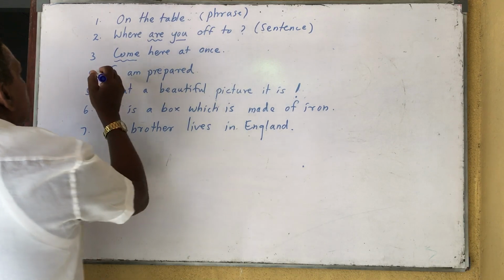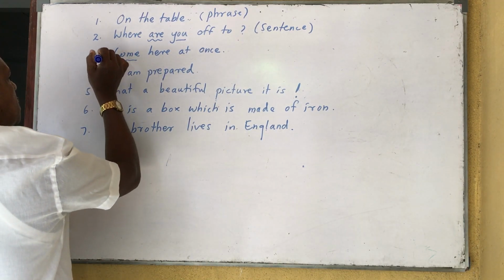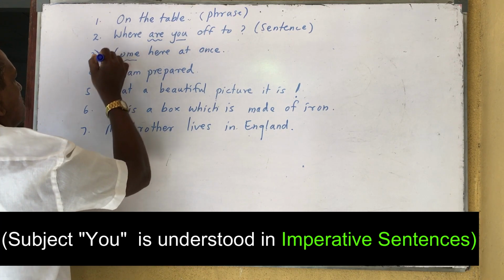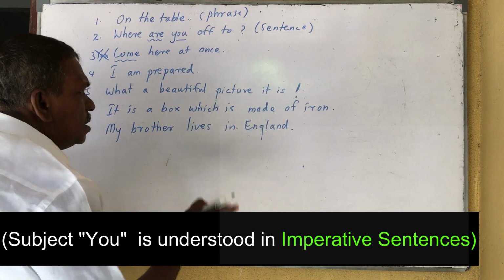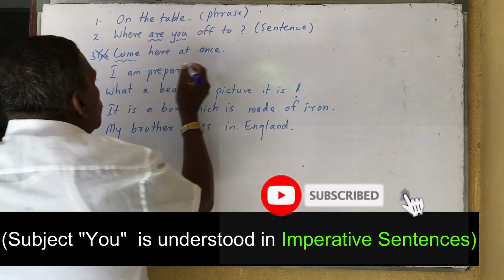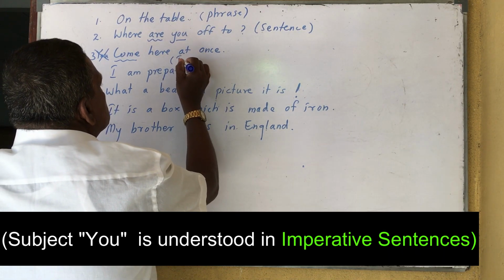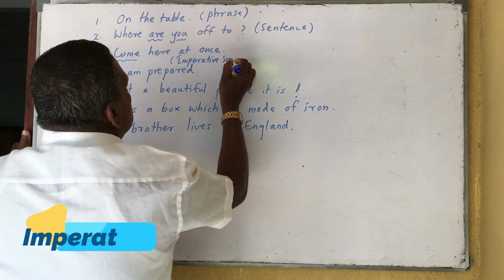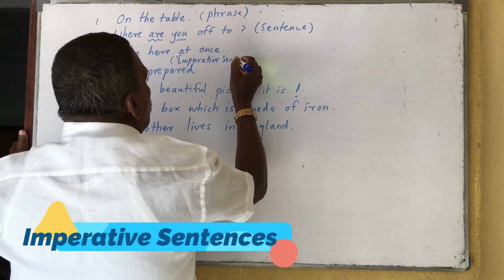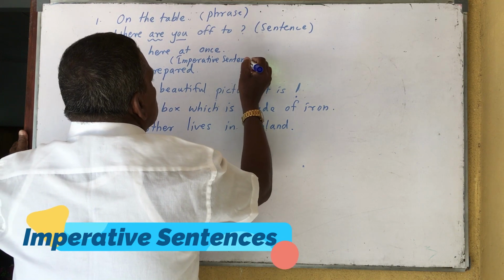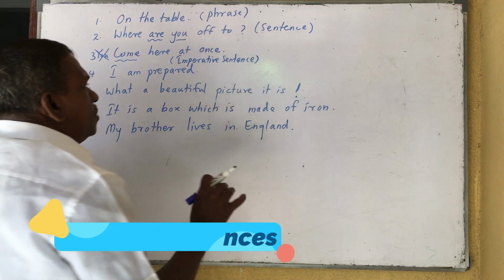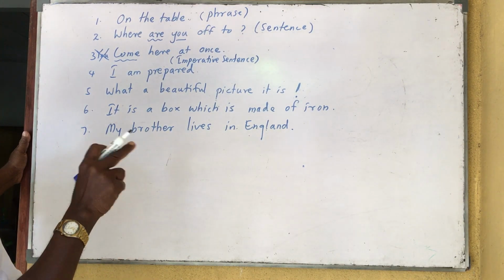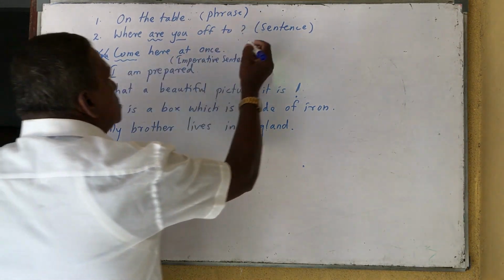Now what is the subject? Actually there is a subject here. Subject, you is understood. You come here, we don't say you. We call this kind of sentences imperative sentences. This is very common in spoken English. When we learn about the different types of sentences, I will teach you about it. So this is a sentence.